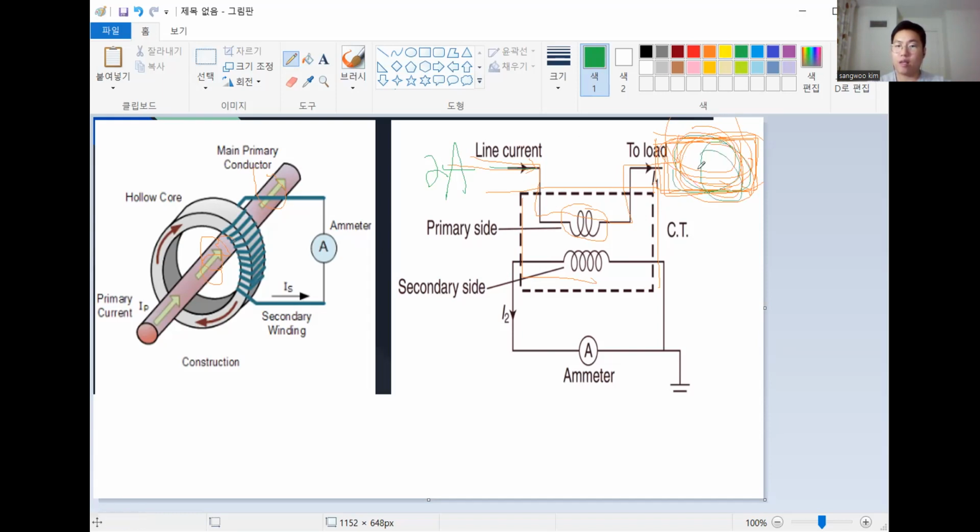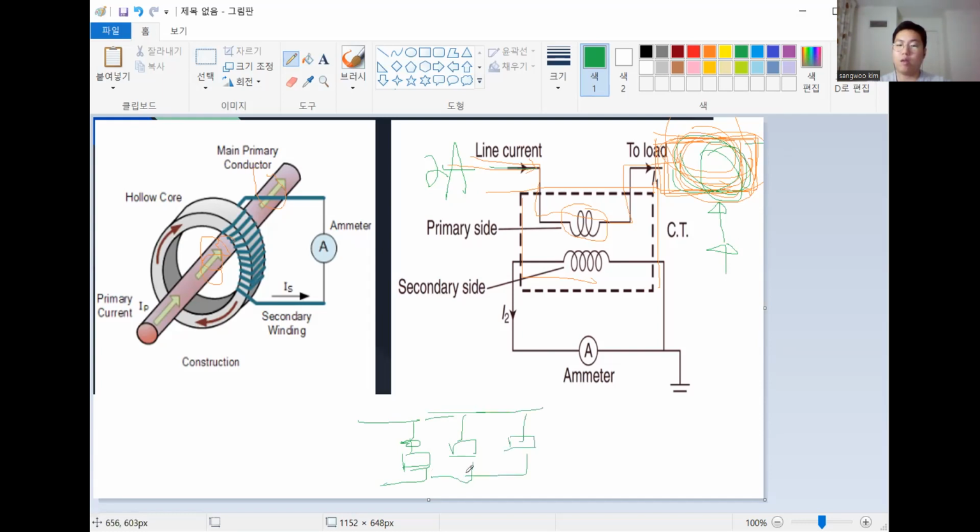And if there is more load added here, the load is connected like this, in parallel, the load and the load.